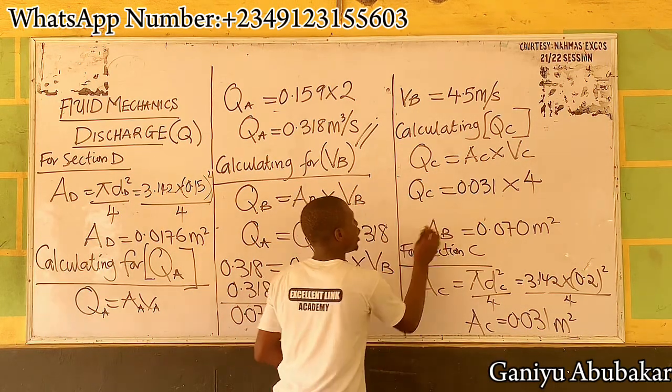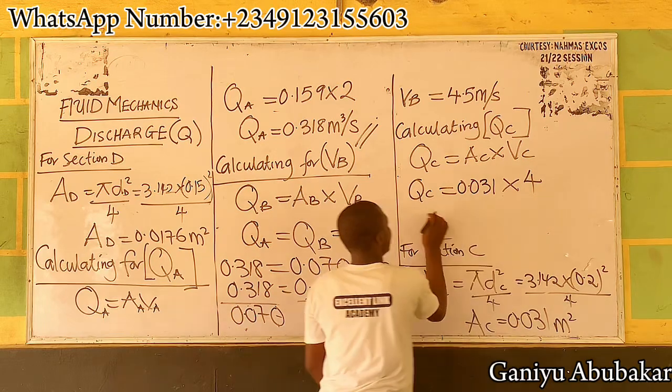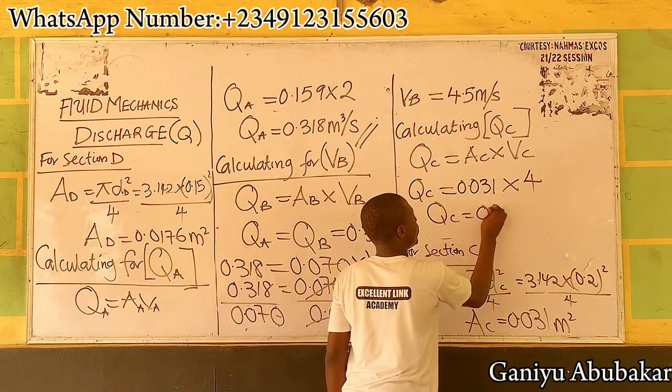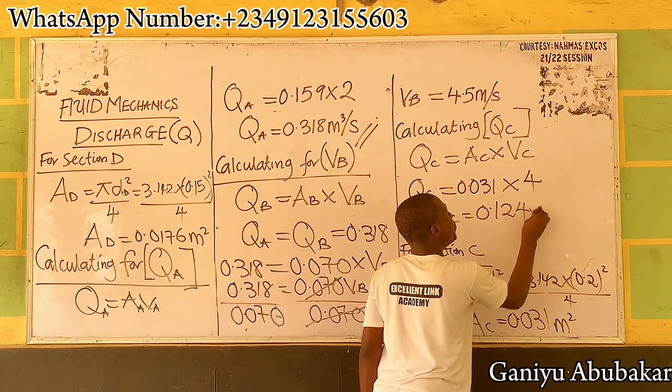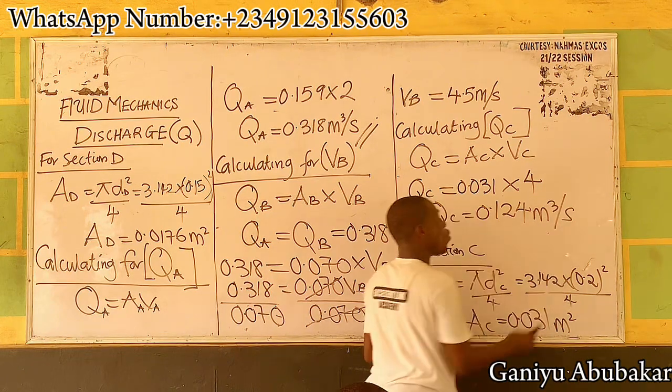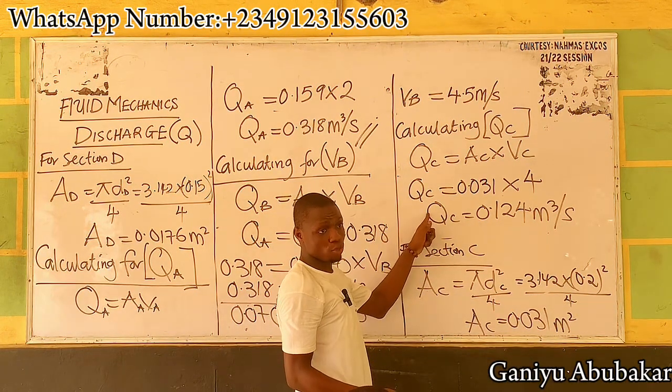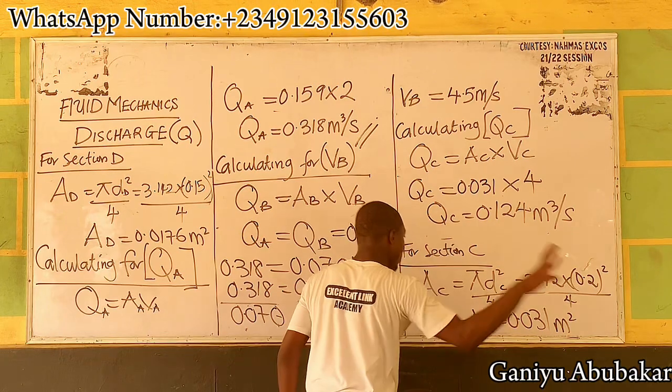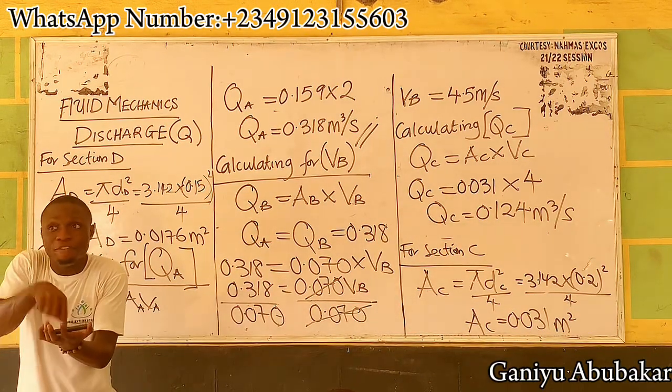Let's get QC. QC is 0.124 meter cube per second, discharge Q. I've gotten QC. Let's get VD.